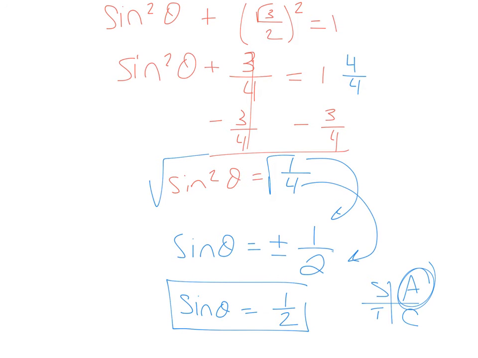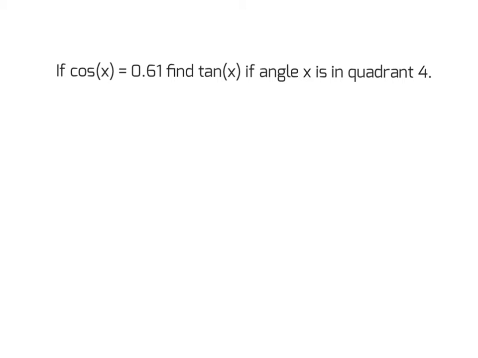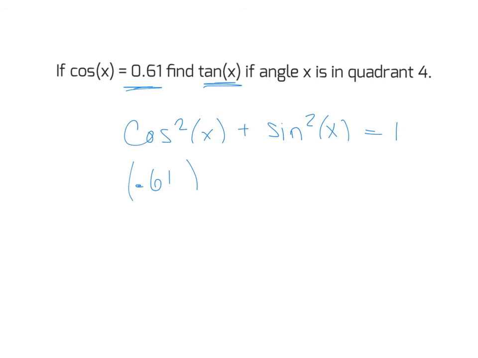A stands for everyone. For the next one, it says if cosine of x equals 0.61, find tangent of x if angle x is in quadrant 4. So I'm going to write my identity here. I'm going to use x instead of theta because they're using x as the angle. Now, they tell me cosine, so I have 0.61 squared plus sine squared x equals 1.